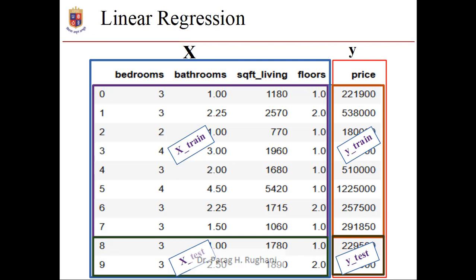It means that I will train my model with 80% of the data. Then I will ask the model to predict the values by passing the X test, and then I will compare the Y test, which is available with me, with the values predicted by the model. If my model predicts the accurate values, or very close to the Y test values, then I can say that my model has been fitted well and it can do the job very well.